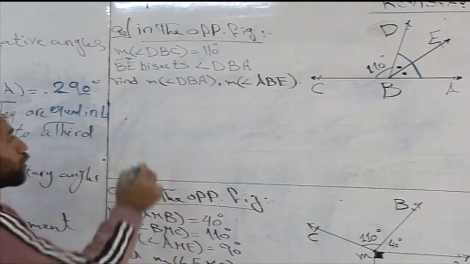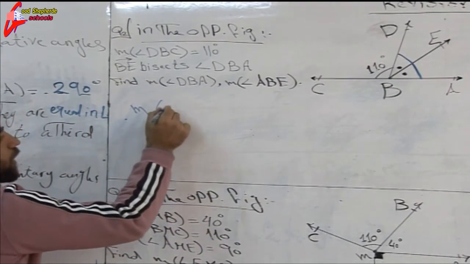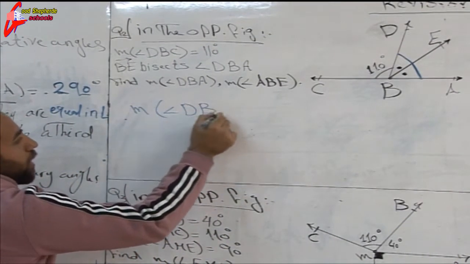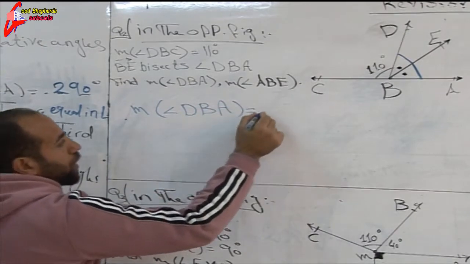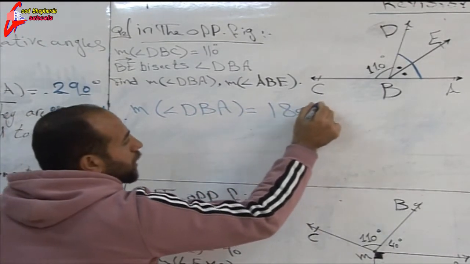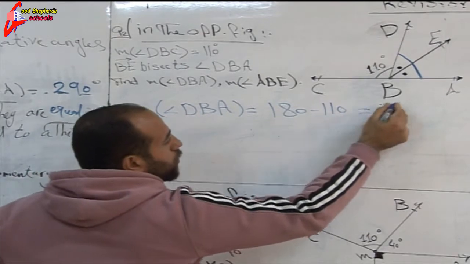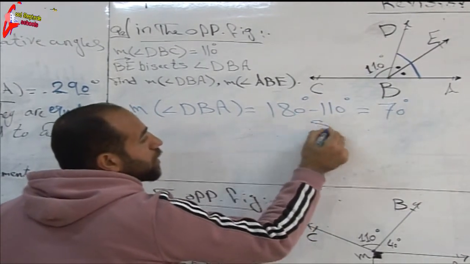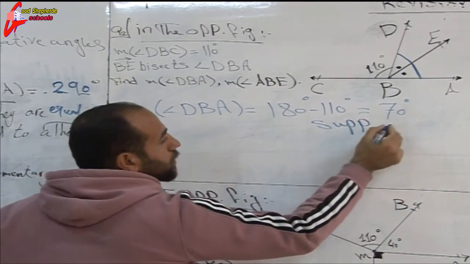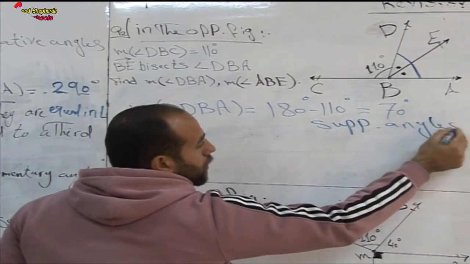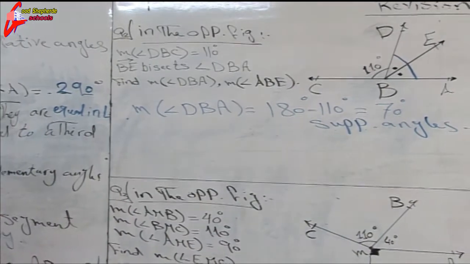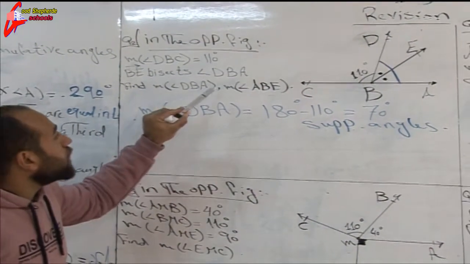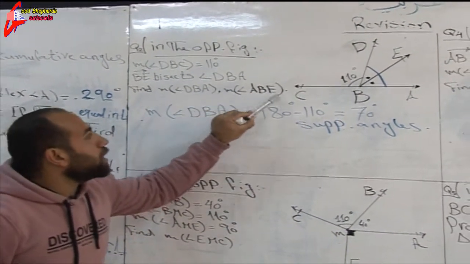So measure of angle DBA equals 180 minus 110. You will get 70 degrees because they are supplementary angles. And he wants to find the measure of angle ABE.